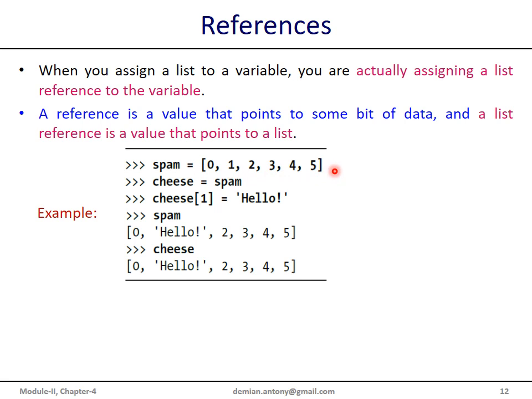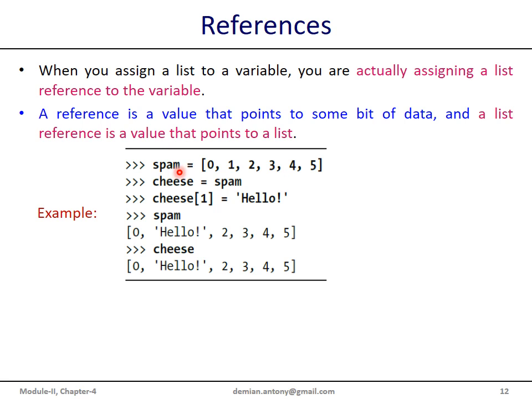This is a list. The items which are enclosed in square brackets are called a list value. This is a list, and we use an assignment statement. It means that the base address where this list value is stored is assigned to spam, and this spam is a list reference.